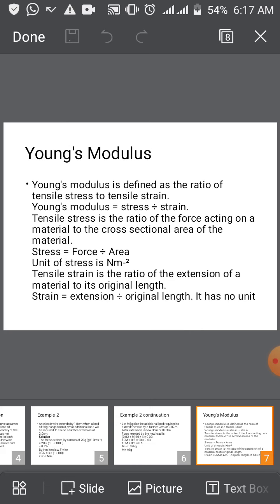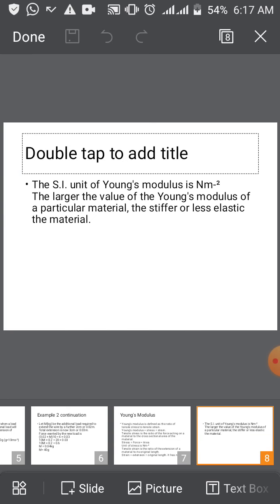It has no unit. The SI unit of Young's modulus is Newton per meter squared. The larger the value of the Young's modulus of a particular material, the stiffer or less elastic the material.